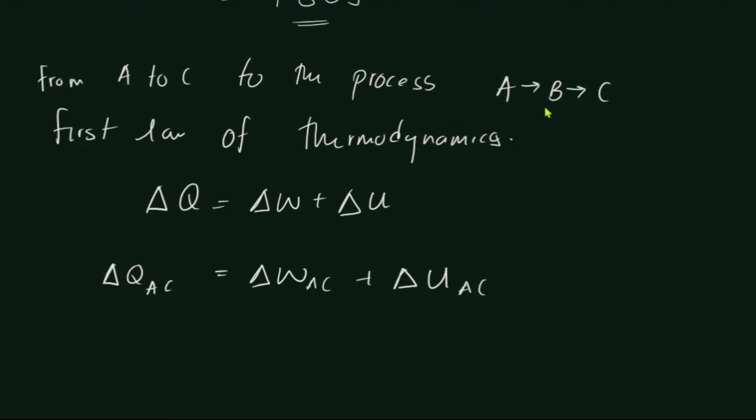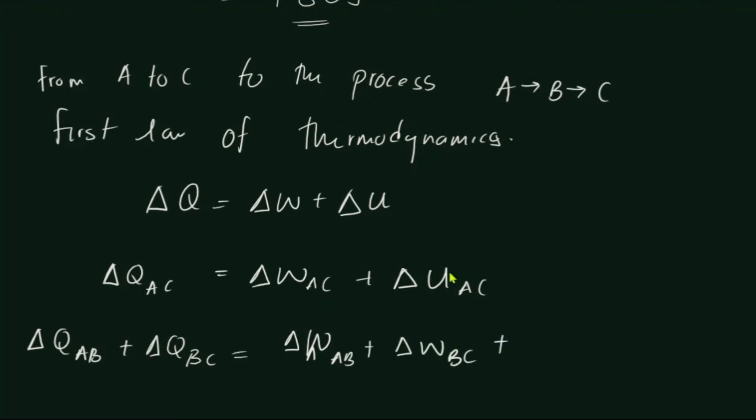Actually, from A to C, in between there's another process. Therefore we can break this into heat absorbed A to B first and then B to C, and work done from A to B and then from B to C. Do I need to break the internal energy?